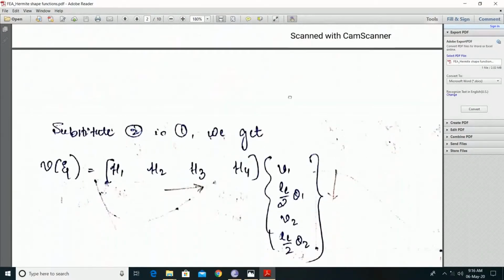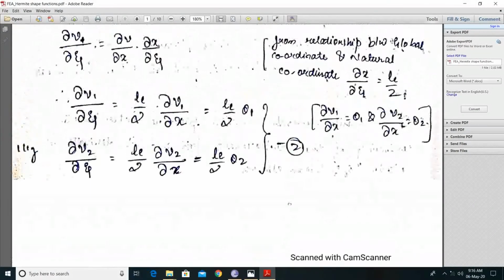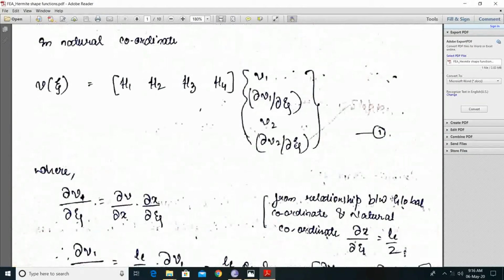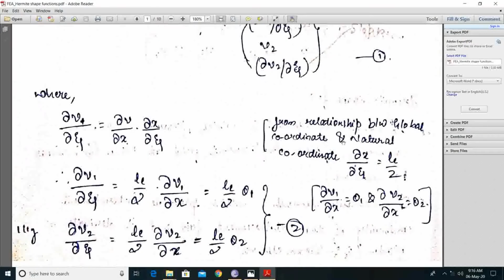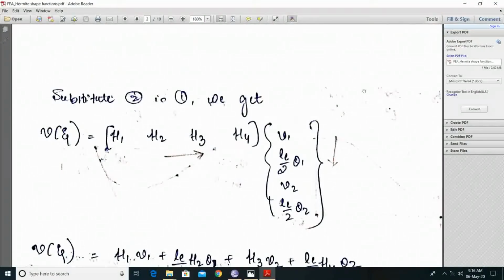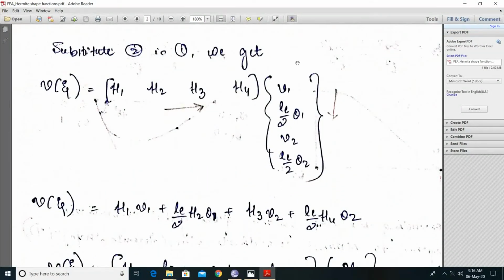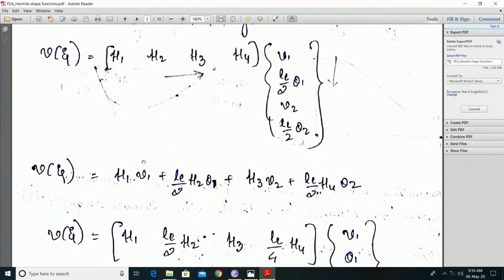Now substitute these values in this equation, equation 1. So this is what you will be getting. Once you get this, multiply these two matrices and you will be getting this one: H1 v1 plus Le by 2 H2 theta 1 plus H3 v2 plus Le by 2 H4 theta 2.